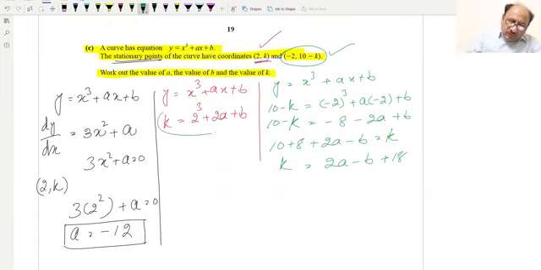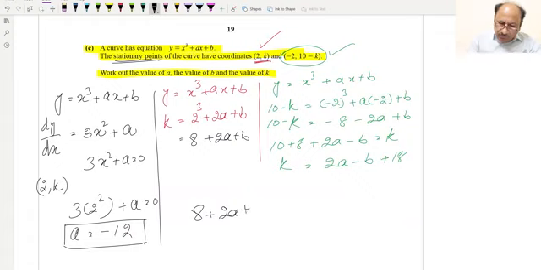Now we got the k value, and we can equate these two equations. 2 cubed is basically 8, so we can write 8 plus 2a plus b is equal to 2a minus b plus 18.